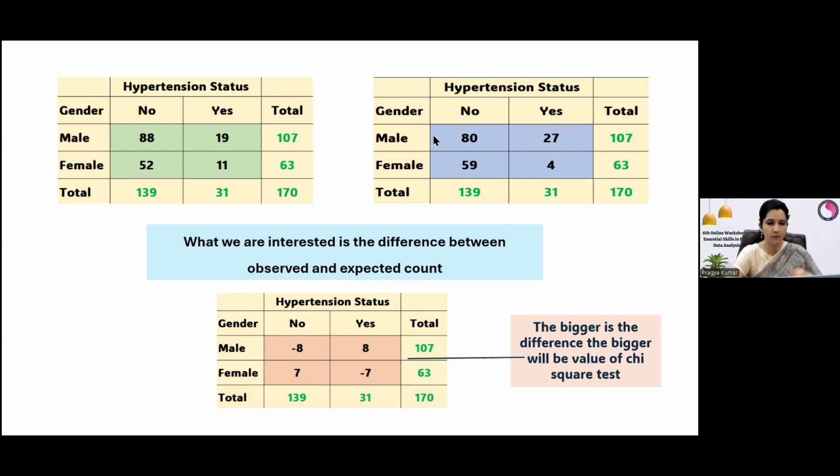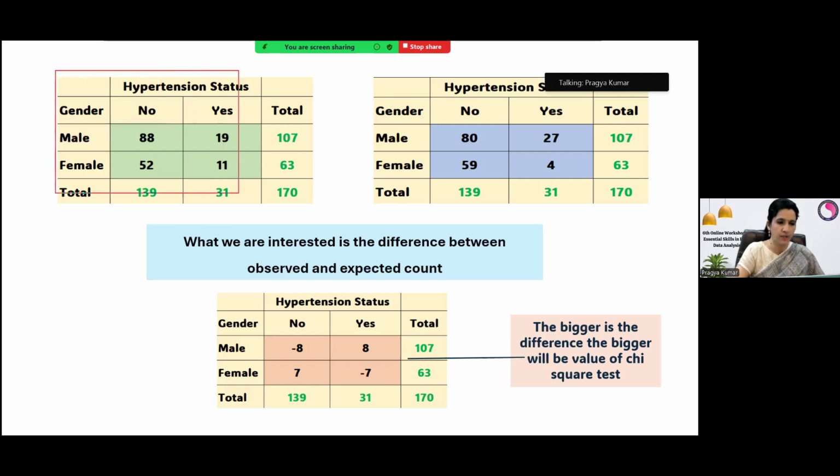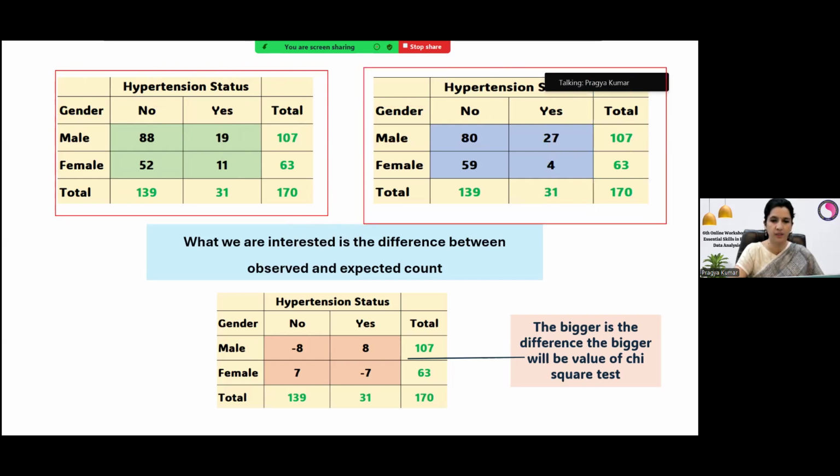Yes. So I was telling you, this is your expected, what we have calculated with 82% and 18%, and this is your observed. So you take the difference between the two. The difference is 8 in the first cell, which is -8, this is +8, and this is again 7 and 7 in both these cells, and we square it.